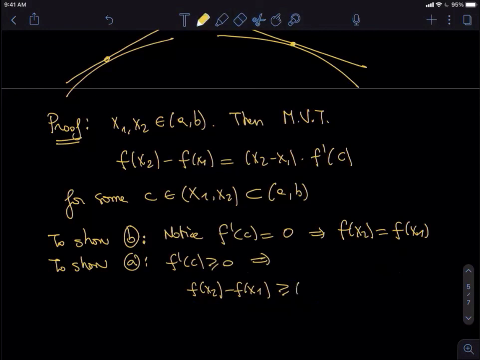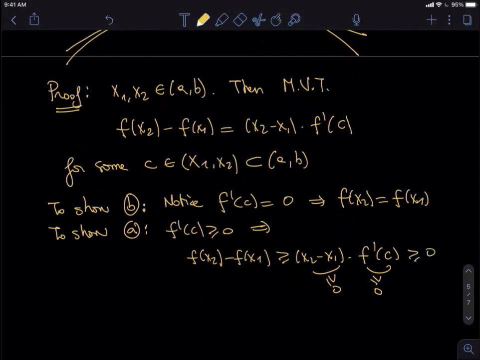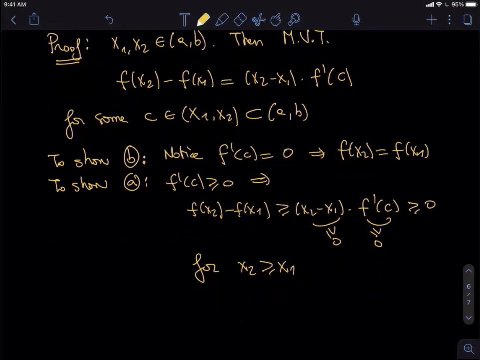So we have (x2 minus x1) times f prime of c. So I need both of them to be positive. Okay, so then positive for x2 bigger or equal than x1. So we have proved the monotonicity. Okay, we are saying that if x1 less or equal than x2, then f of x1 less or equal than f of x2. And the last case is similar.